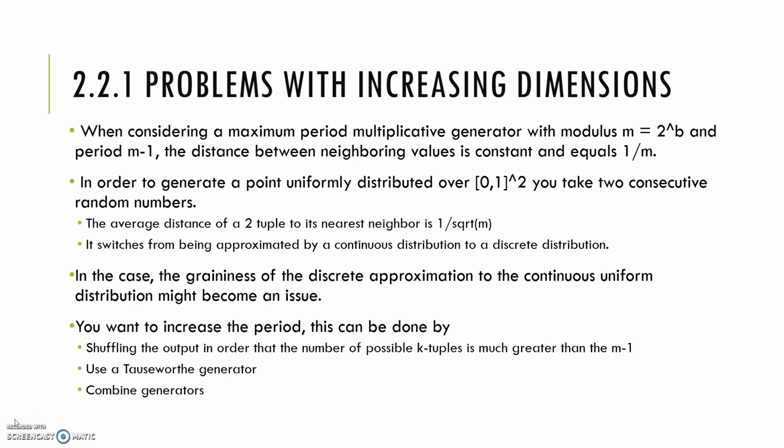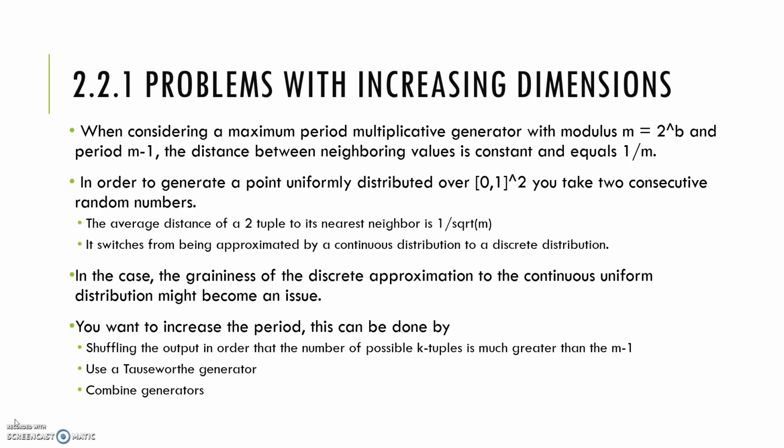And so the average distance of a tuple to its nearest neighbor is 1 over the square root of n. So this switches things around, and the random numbers go from being approximated by a continuous distribution to being approximated by a discrete distribution. And when this happens, the graininess of the discrete approximation to the continuous uniform distribution might become an issue.